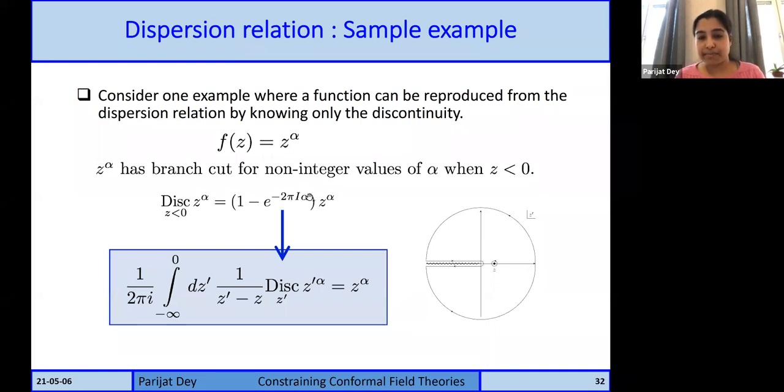This phase factor depends on the exponent alpha. If we plug this in the dispersion relation here and do this integral from -infinity to 0, because this is where the discontinuity lies, then we end up getting the same function back.